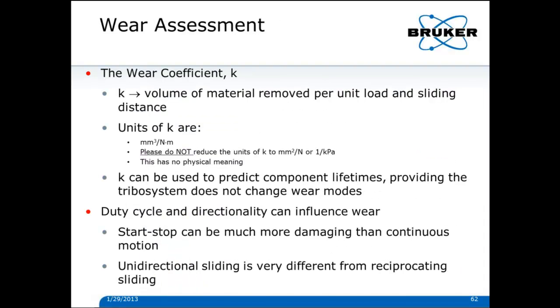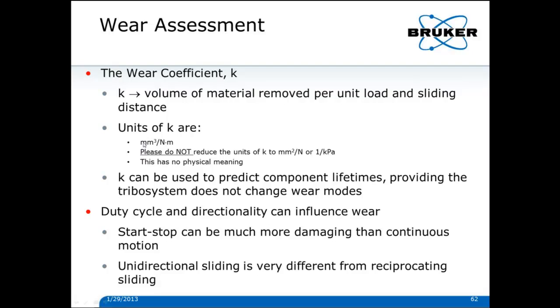How do we assess wear? Well, in recent times, the concept of the wear coefficient was presented by Archard. We've modified it more recently to take out the hardness so that it actually does have dimensions. The dimensions are the volume of material removed per unit load and sliding distance. So this would be millimeters cubed per newton meter.